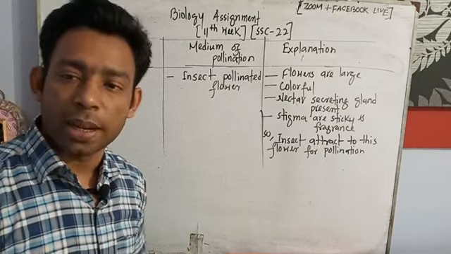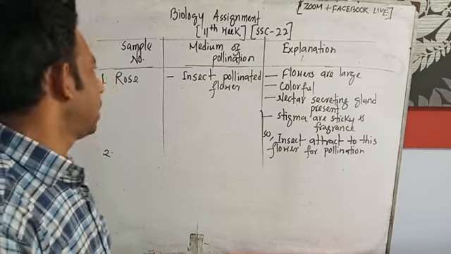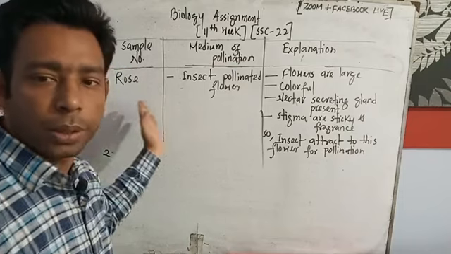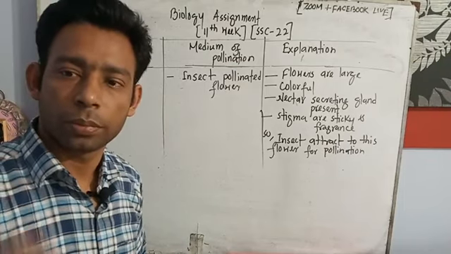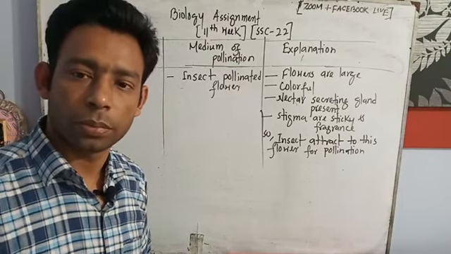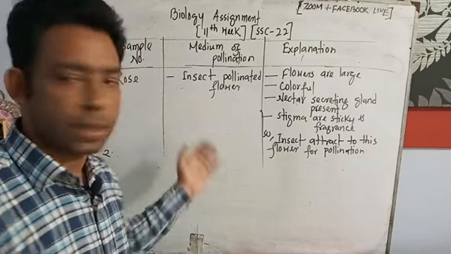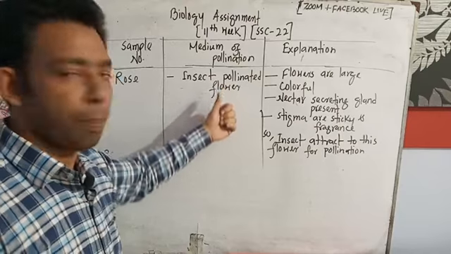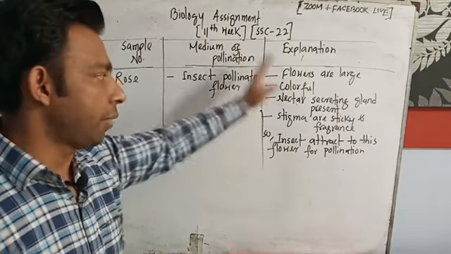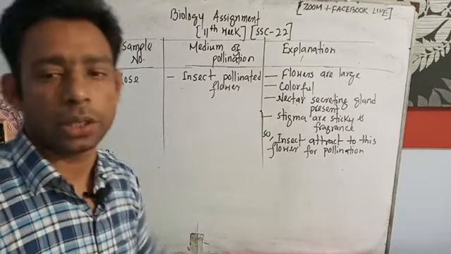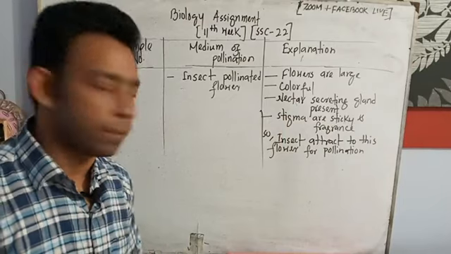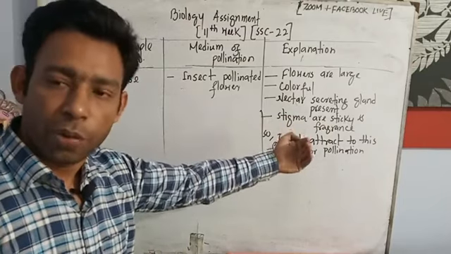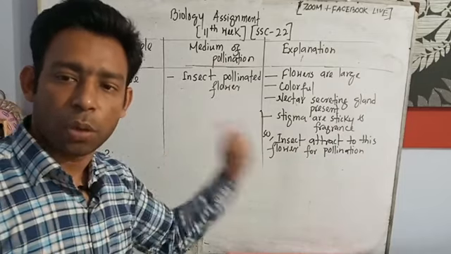According to the assignment given here, find out the sample number, what type of medium is used there, and write some explanation of how. Where is your question? This is the explanation in which way we are going through.